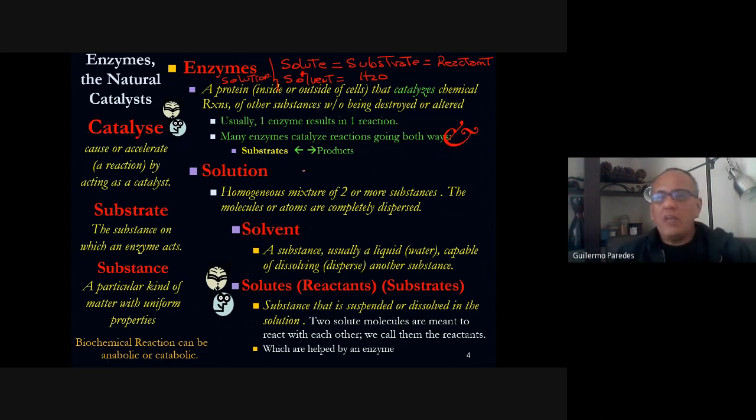Okay, so if you have, for example, a component A plus a component B, that is going to give you another component C. Let's do some example. Let's make A the substrate carbon dioxide. You know, carbon dioxide is coming from the Krebs cycle.